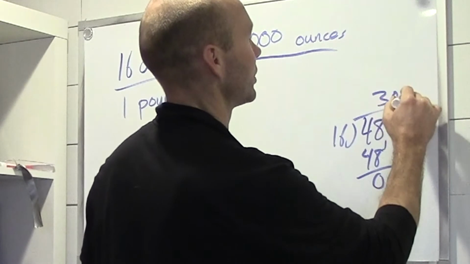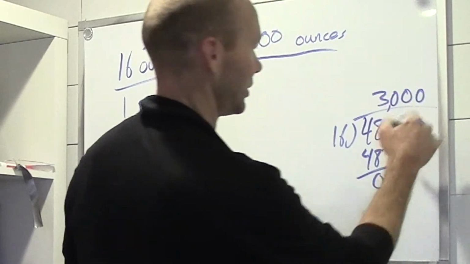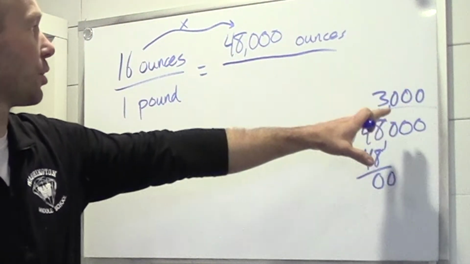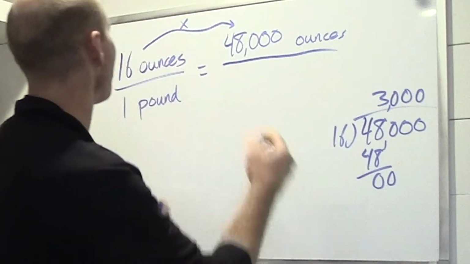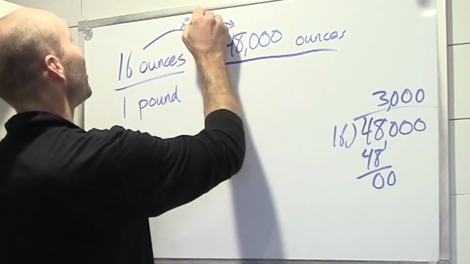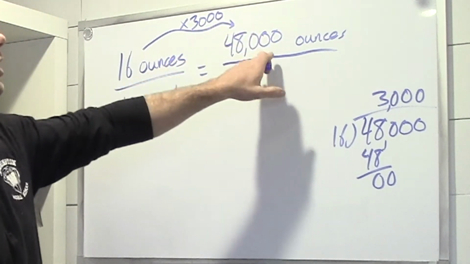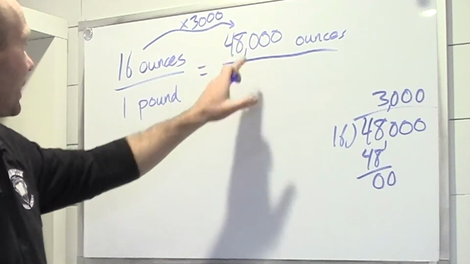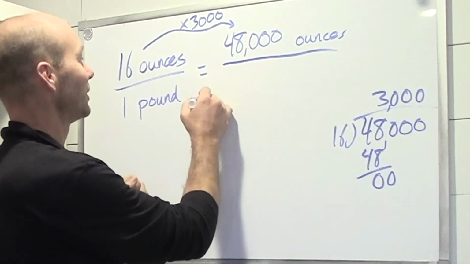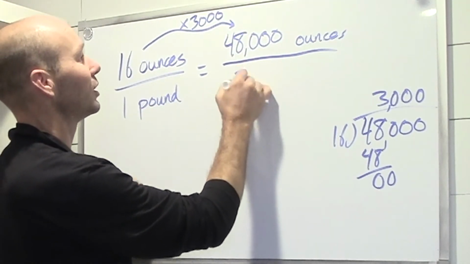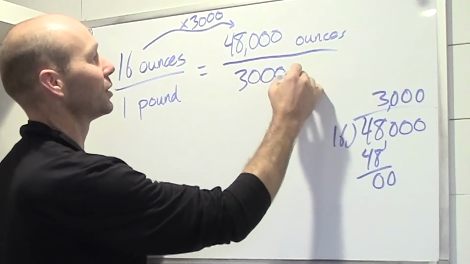I can just say 0, 0, 0, because it's just going to continue to be zeros the whole way across. So I'm going to multiply by 3,000 to get to 48,000. 16 times 3,000 is 48,000, and obviously 1 times 3,000 is 3,000 pounds.